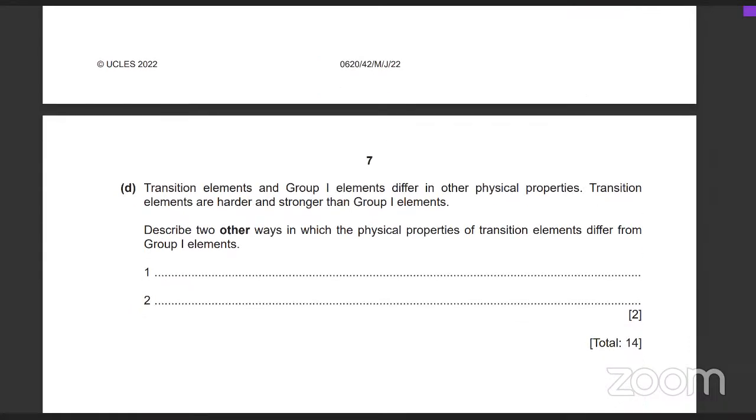Phir agla, transition elements and group 1 elements differ in other physical properties. Transition elements are harder and stronger compared to group 1. Describe 2 other ways in which the physical properties of transition elements differ from group 1. So group 1 के जो melting points होते हैं वो बहुत low होते हैं. तो group 1 they have low melting and boiling points.